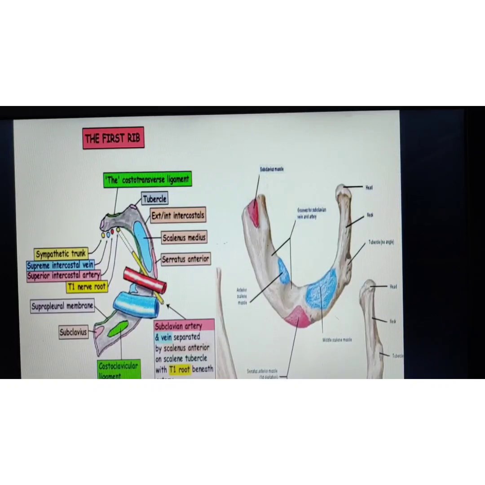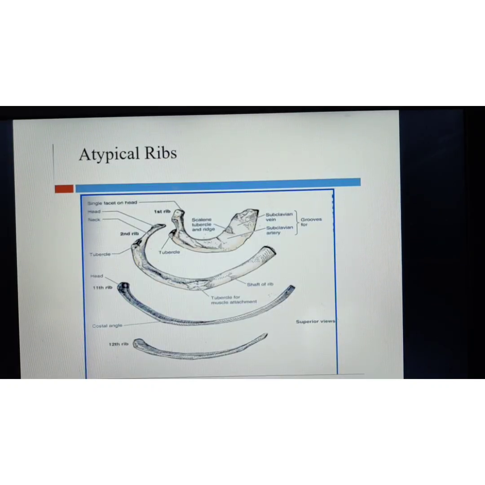Now coming to the second rib. If you see the second rib, the shaft of the second rib is not twisted. So when it is placed on a flat surface, both the ends touch the surface, which makes it an atypical rib.